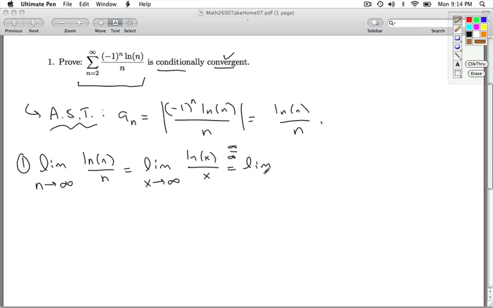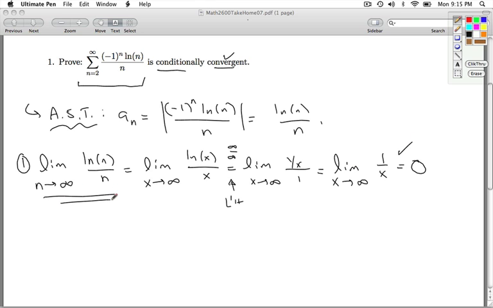That's indeterminate form infinity over infinity, so we'll hit it with L'Hopital's rule. The derivative of the numerator is 1 over x. Derivative of the denominator is 1. That's the limit as x goes to infinity of 1 over x, which is 0. So since this limit of a real function equals 0, I can conclude that the limit of this sequence is 0, which satisfies part 1 of the alternating series test.